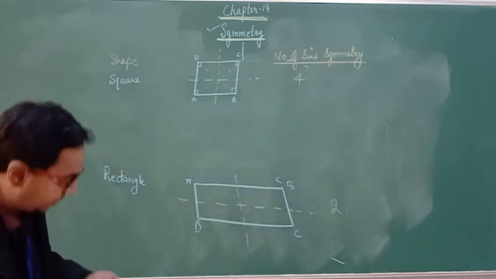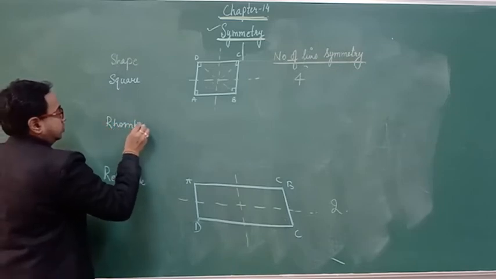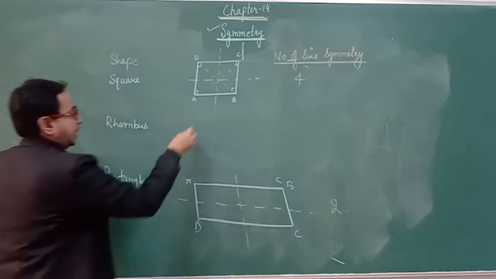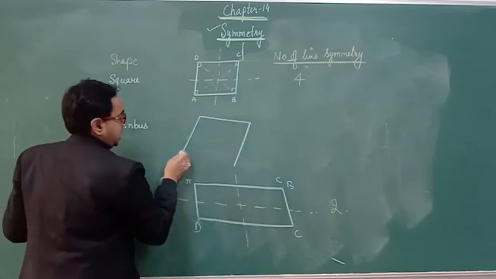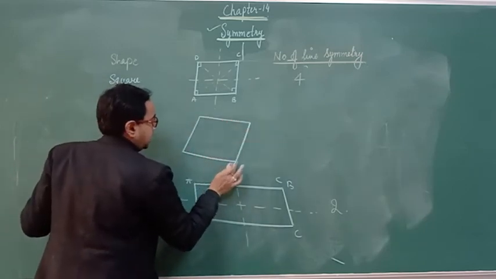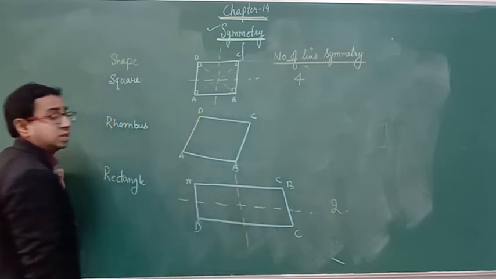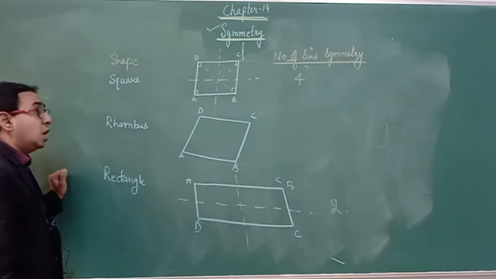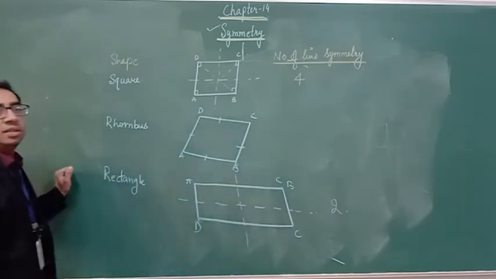Let's see the rhombus. What do you mean by rhombus? A rhombus is almost like this. Many of you say it's a tilted square. Yes, because though all sides are equal, none of the angles is 90 degree.